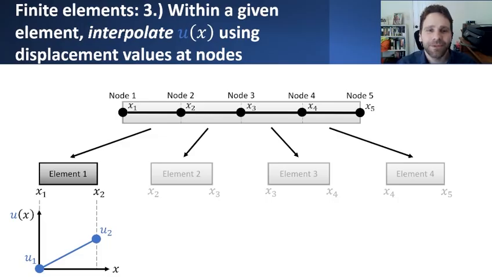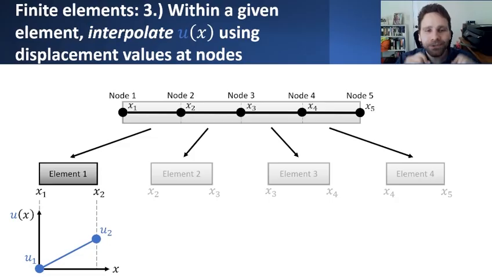And associated with each one of those nodes, I might assign a particular nodal displacement value. So in total, for this particular problem, if I have 5 nodes in total, then I also have a total of 5 displacement degrees of freedom, or 5 displacement unknowns that I have to solve for.